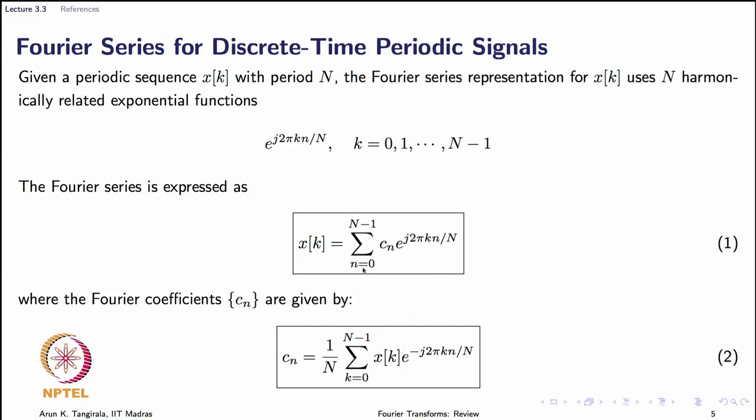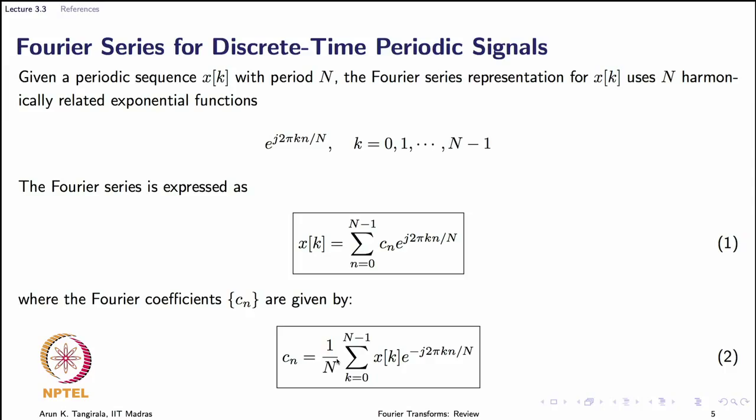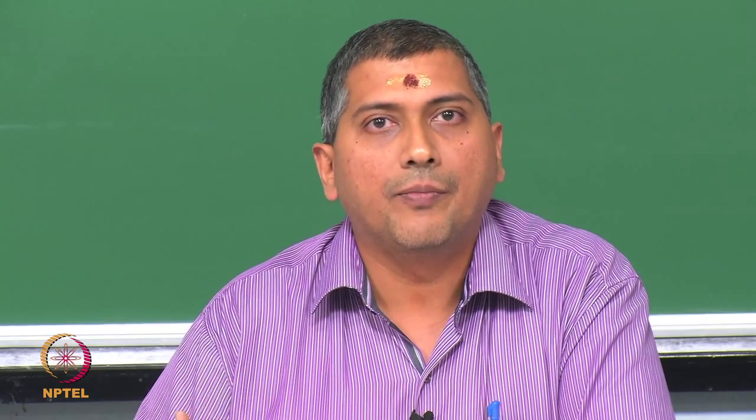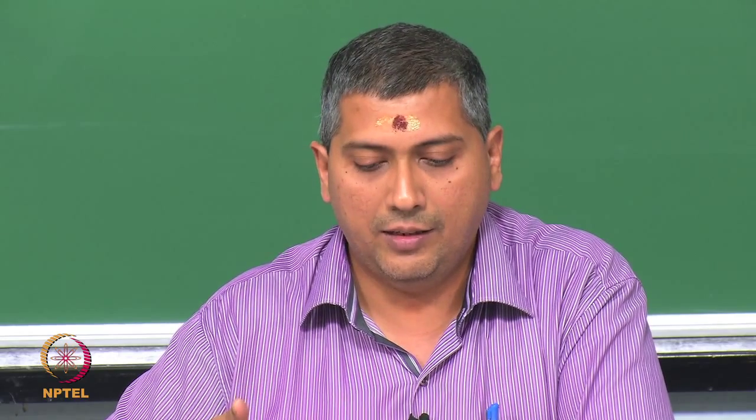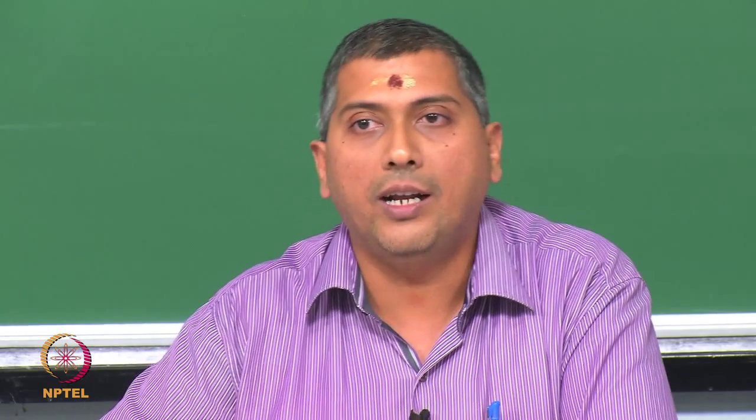One thing that you can notice is the similarity between the expressions for the synthesis and analysis equations. They look very alike except for the dummy indices being different, and two other differences. You have a factor of 1 over N in front of the summation for Cn, and the second difference being e to the j is being replaced by its complex conjugate. So that gives me a nice advantage when I am computing the Fourier coefficients or recovering the signal.